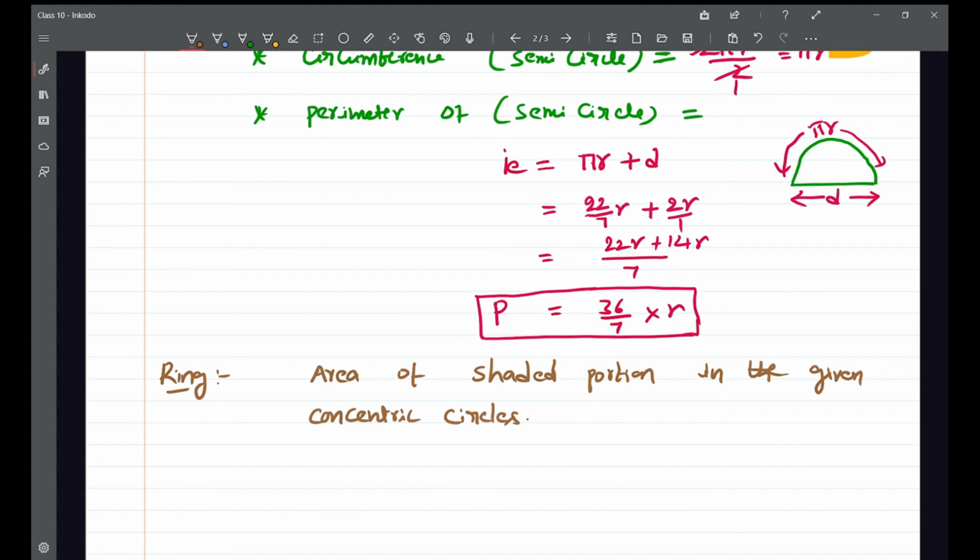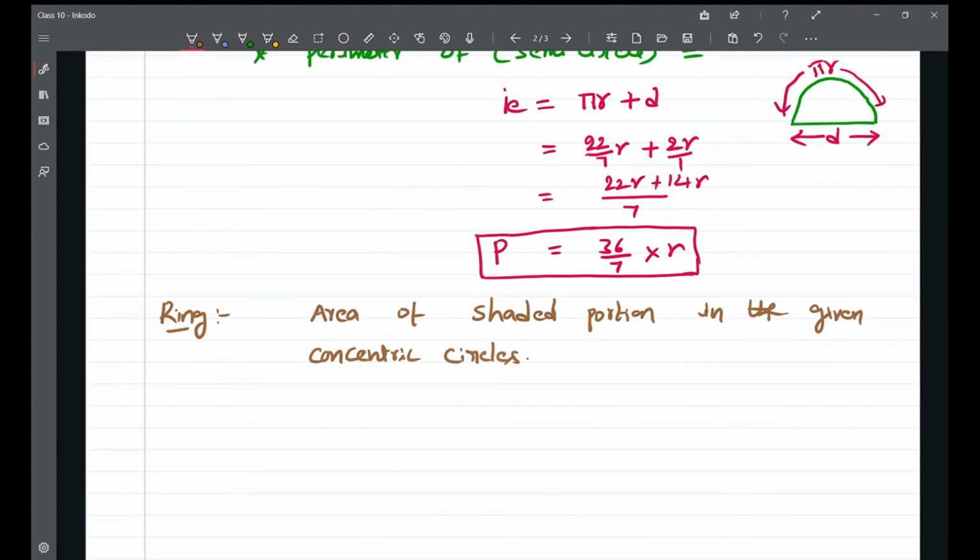For example, I am taking two circles with the same center and different radius. In this figure, I am taking center as O and radius of smaller circle small r and big circle capital R. Okay, now I am shading this portion.